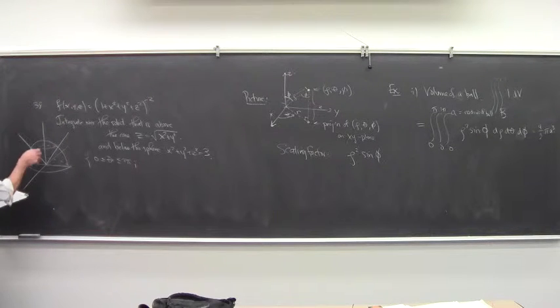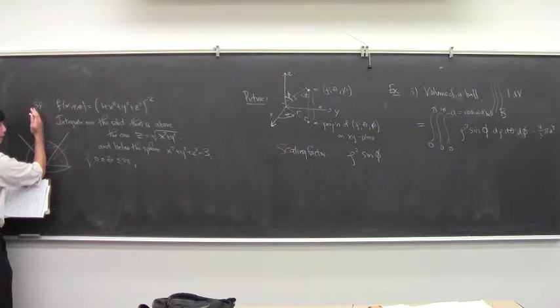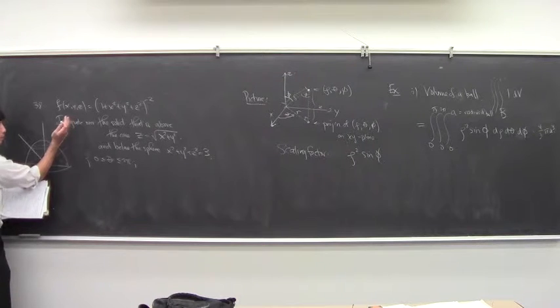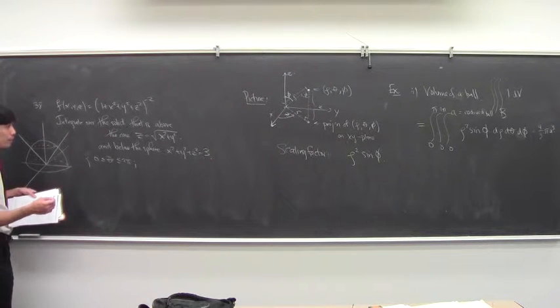Oh, wait a second. Phi is the angle to the z-axis, right? So we only want this part, so it goes from 0 to the angle of the cone. When it's here, it's 0. If you put it in terms of other variables, it would be sine inverse of r divided by rho.